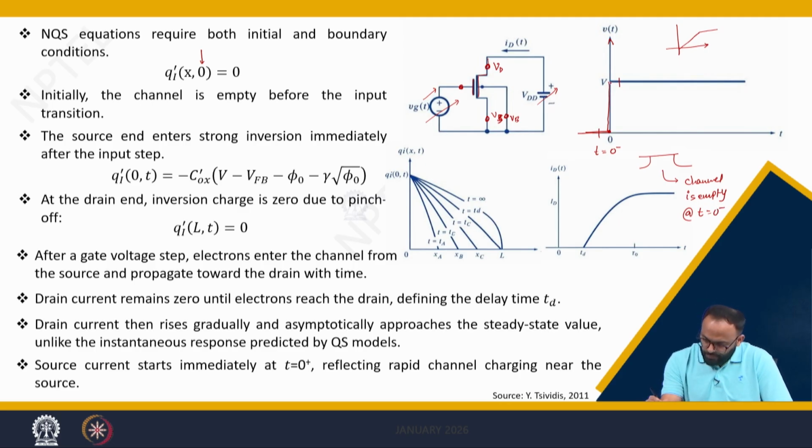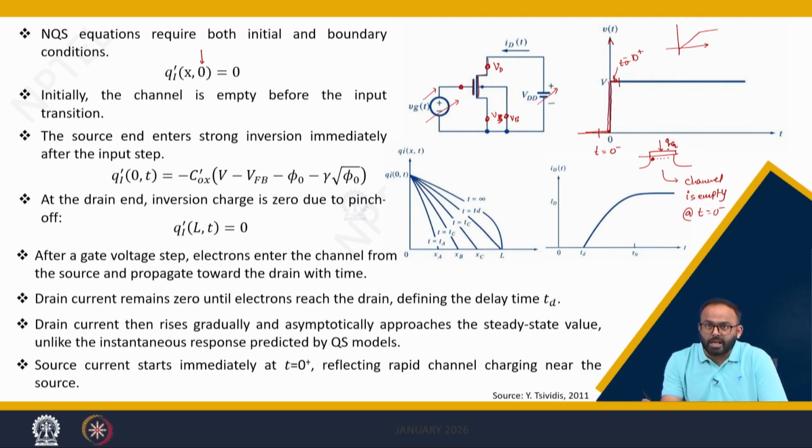But when the voltage suddenly changes at t equals 0 plus, what will happen? The gate voltage rises up. In response, the channel charge should respond, but it will not respond immediately because it requires some time to respond in terms of current. But if we only talk about charge, then what will happen? If the gate voltage changes here, it means there is a change in gate charge.